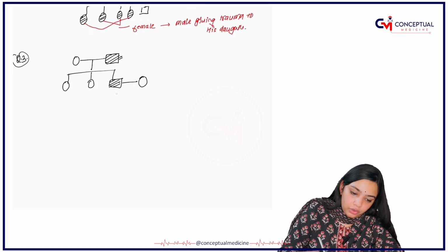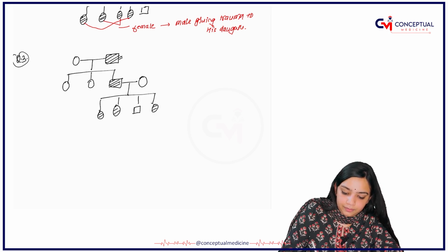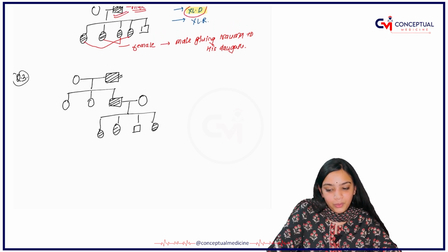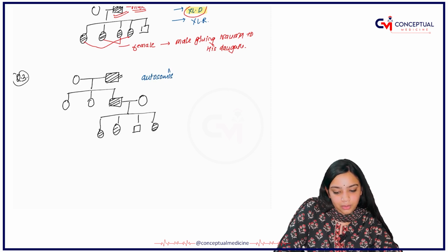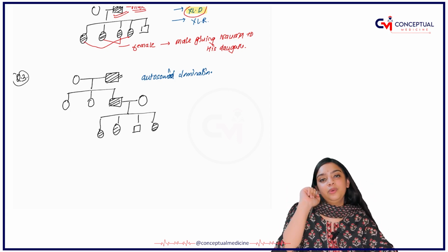The female was not affected. Then they had their offsprings. What is this a case of? Again, you can say that it is autosomal dominant. Is it an autosomal dominant case? No, I'll tell you why.